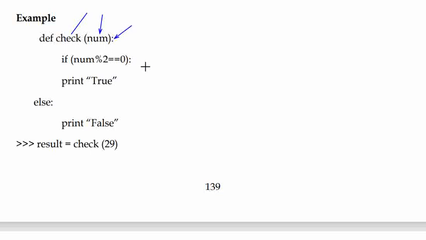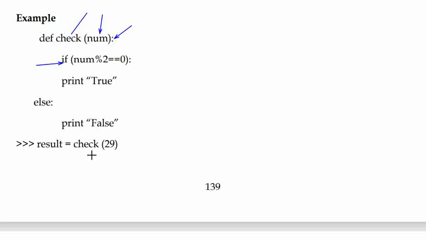Here colon is there. This is the body of the function. If condition is used and num is divided by 2, and it will return the remainder. And if the remainder is equal to 0, then print true, else print false.